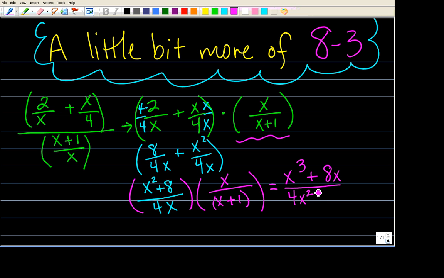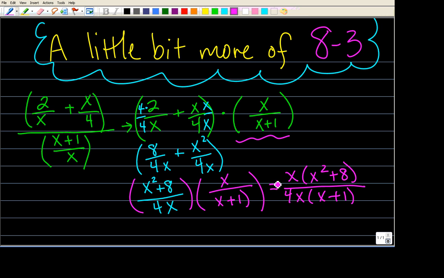But you know what? Let's actually go back and do one thing. Before we distribute that, let's just write it as what it is. So we have x times x squared plus 8. The reason is that sometimes you should think ahead, because if you multiplied it out, you may end up having something you'll have to factor again anyway.